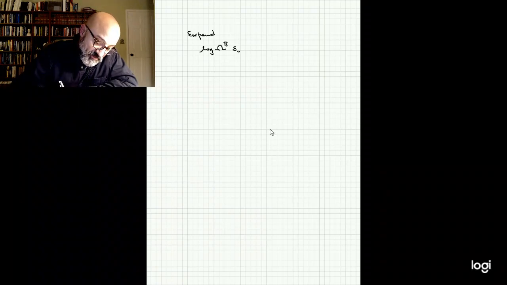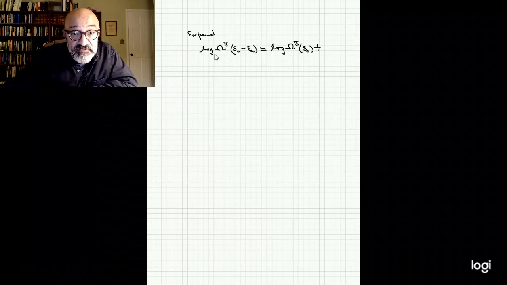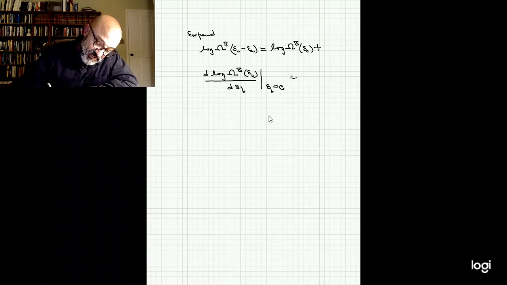And so we're going to expand this quantity. When we expand, we get the log of omega B evaluated at the point EC, plus the derivative of this quantity with respect to EB evaluated at the point EB equals EC, and we're going to call that beta.